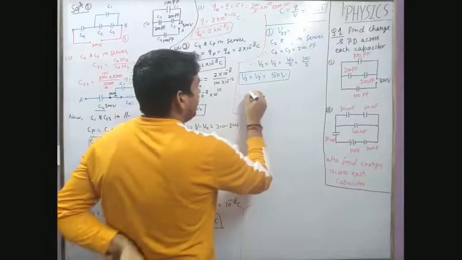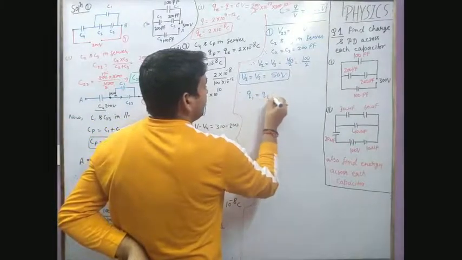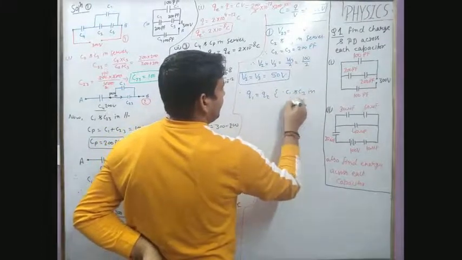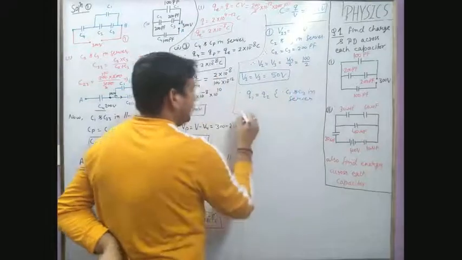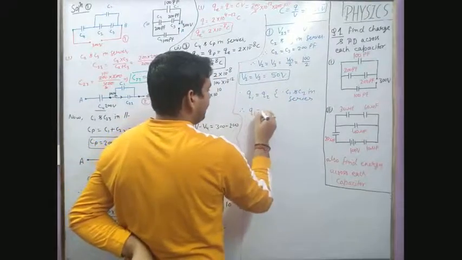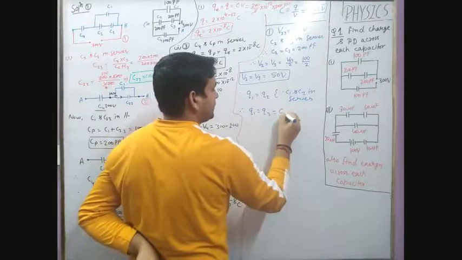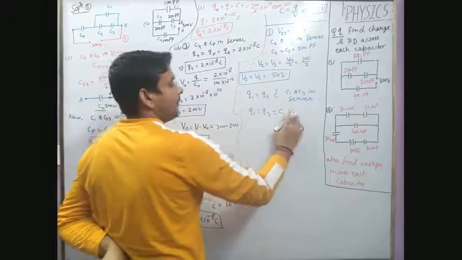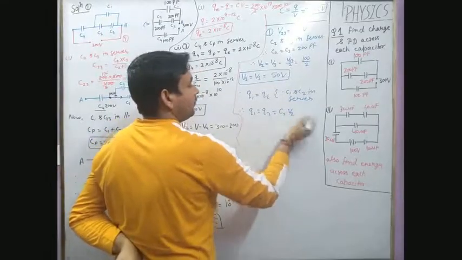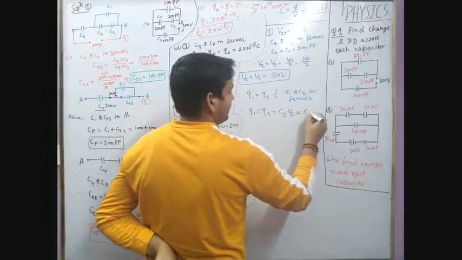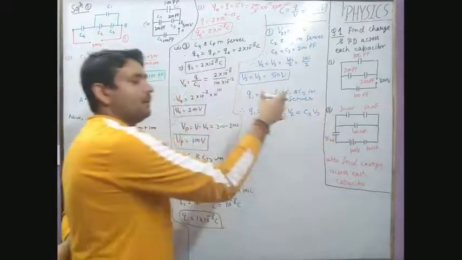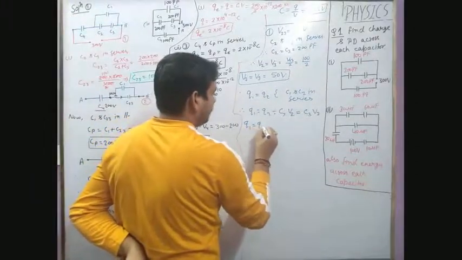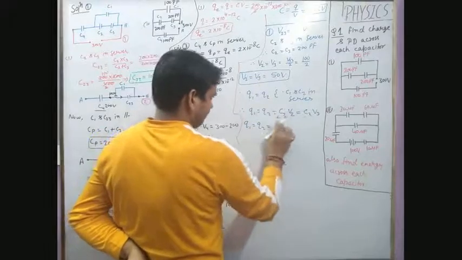Now Q1 equal to Q2 because C1 and C2 are in series. Therefore we can calculate Q1 equal to Q2 by using any of the values, C1 or C2 into V1, V2 or V3, that is C3 and V3. For any value, you will get the same result.